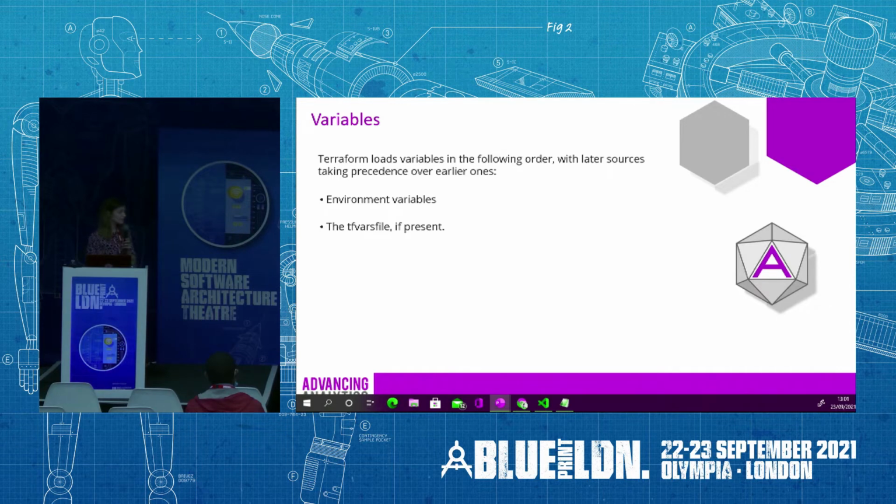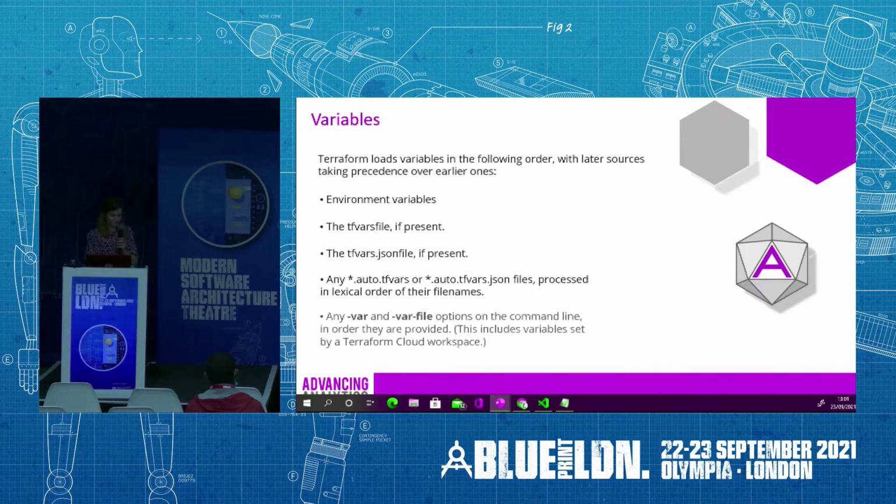I have one locally, personally, in my solution, and that has all of my secrets and everything in there, and so that's automatically picked up for me when I'm working locally, but I never obviously check it in. Then tfvars.json if present, and any auto.tfvars or auto.tfvars.json files processed in order of their file names. And then finally, any -var or -var-file.